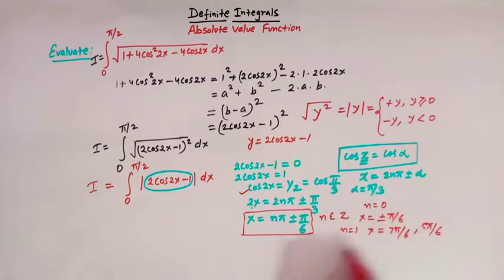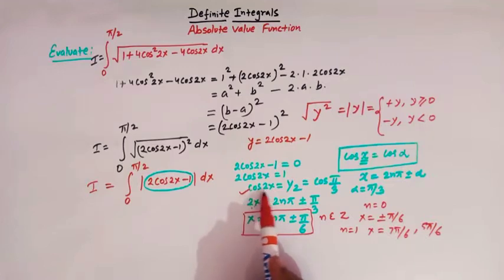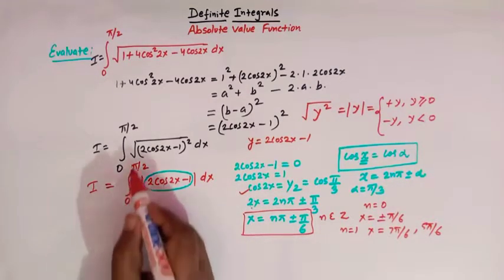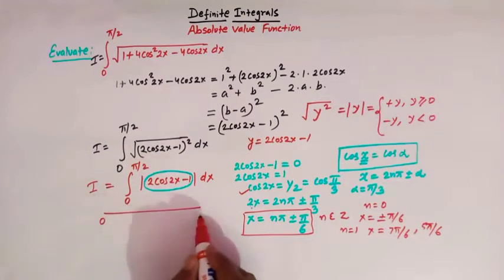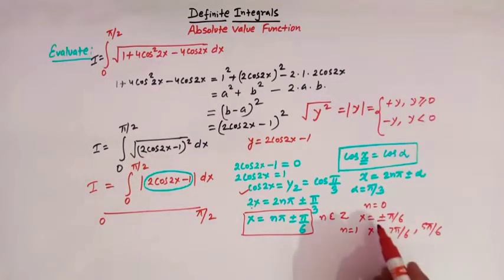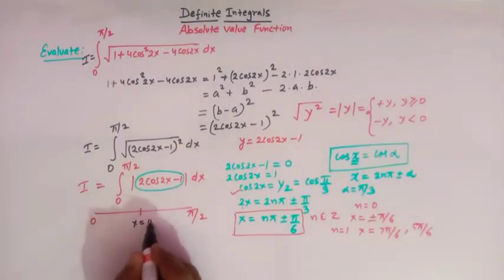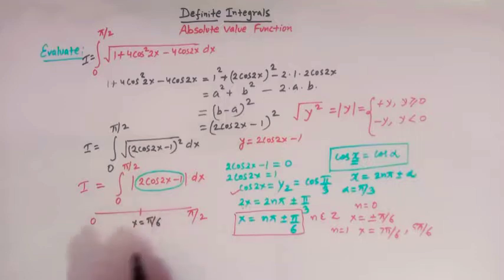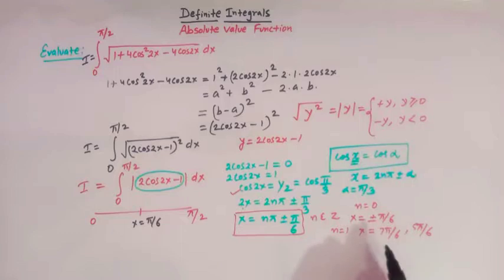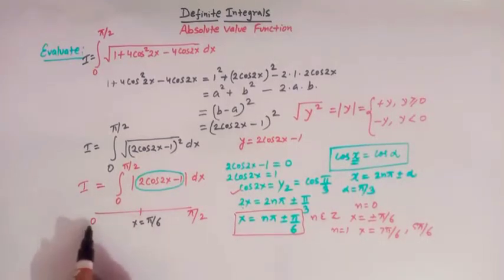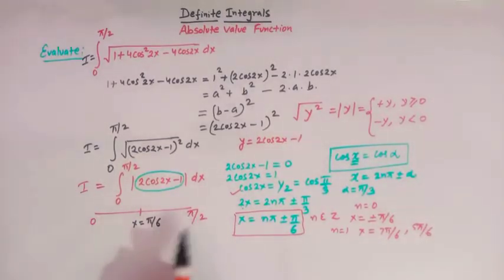Similarly we can find the other solutions, but we are not interested in all of them, because the limits of integration are from 0 to pi by 2. Out of these solutions, only x equal to pi by 6 lies between 0 and pi by 2, and all other solutions lie outside this interval.